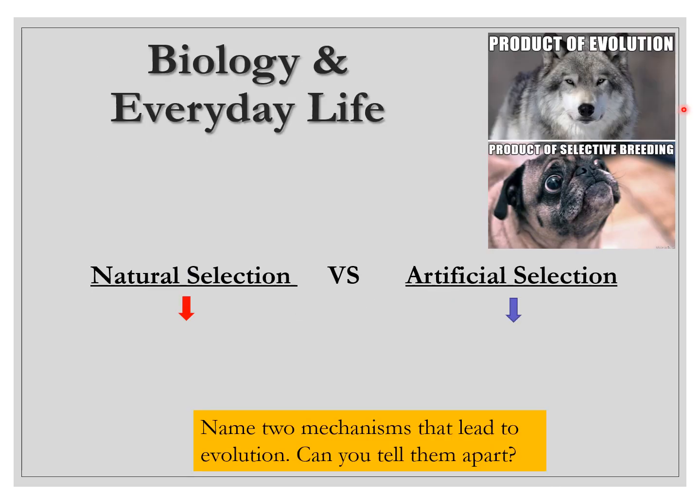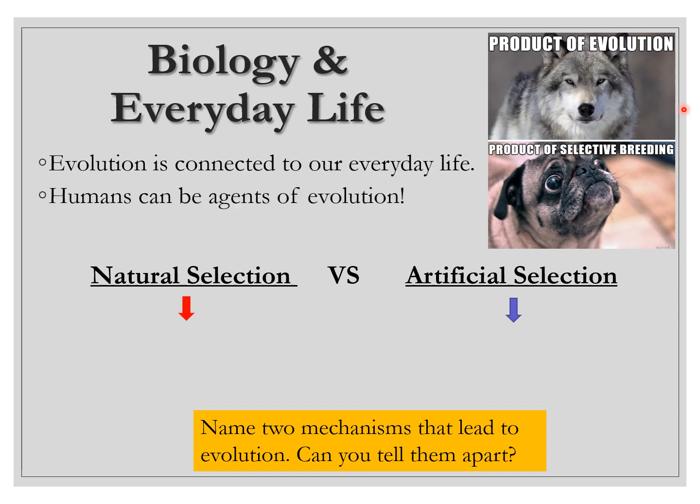So now let's come back a little bit to evolution and natural selection. How do we experience evolution in our everyday life? We can see evolution, and it is connected even if you don't think about it, in our everyday life.